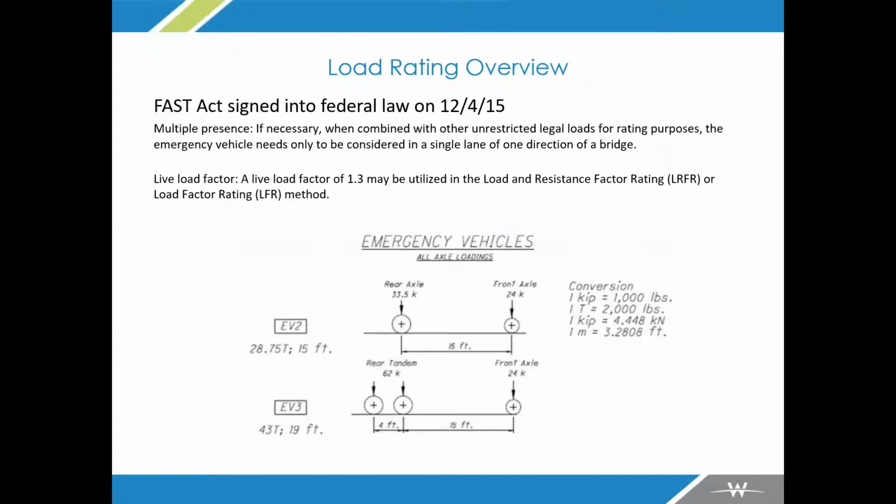So that's a little bit on the types of vehicles, and there are going to be other vehicles out there. Every state may have additional legal loads. I know Michigan's got a large number, but each state's different. Look at your state guidance, and you can add those appropriately.